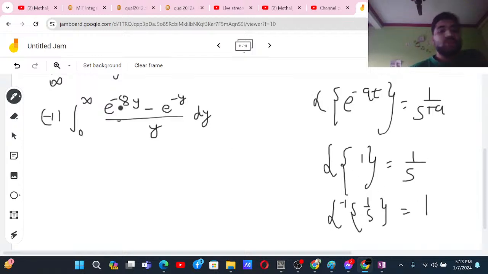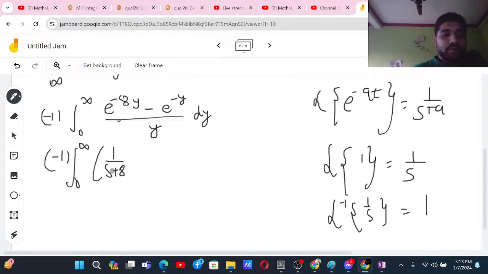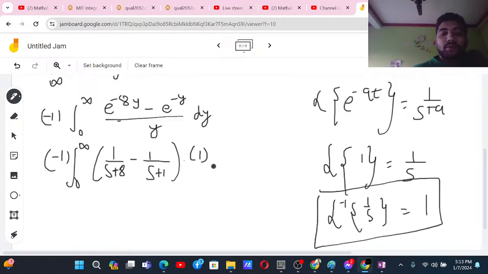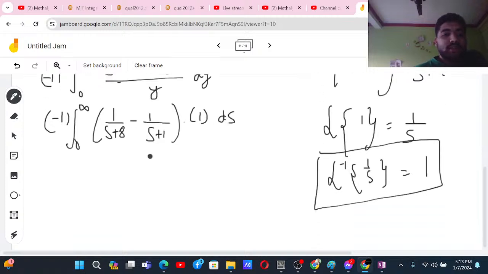So now the Laplace transform of e to the power minus 8y minus e to the power minus y is just 1 by s plus 8 minus 1 by s plus 1. The Laplace inverse transform of 1 by s is just 1, so that's 1. And then this is in the order of ds.